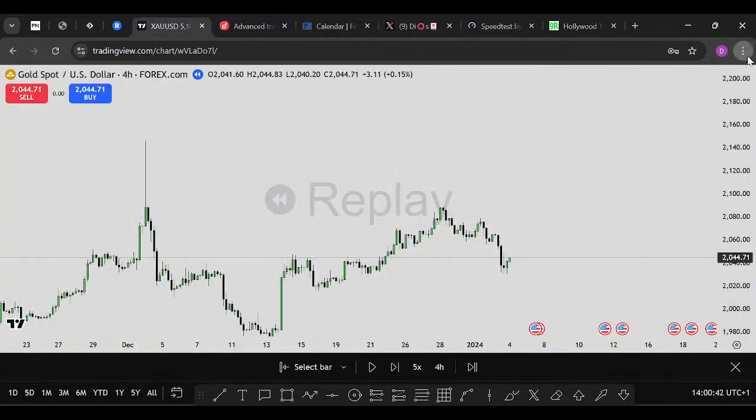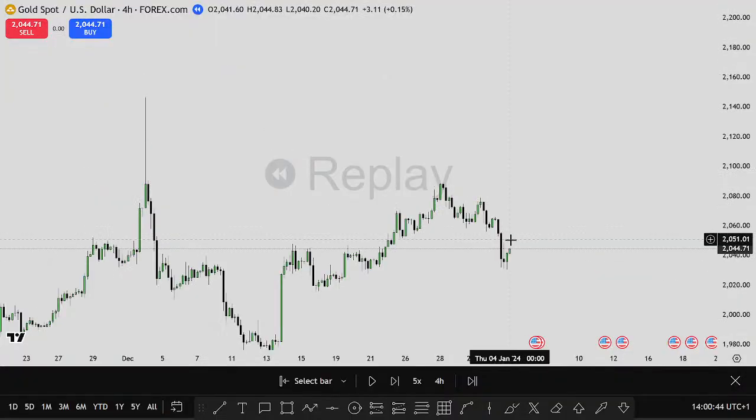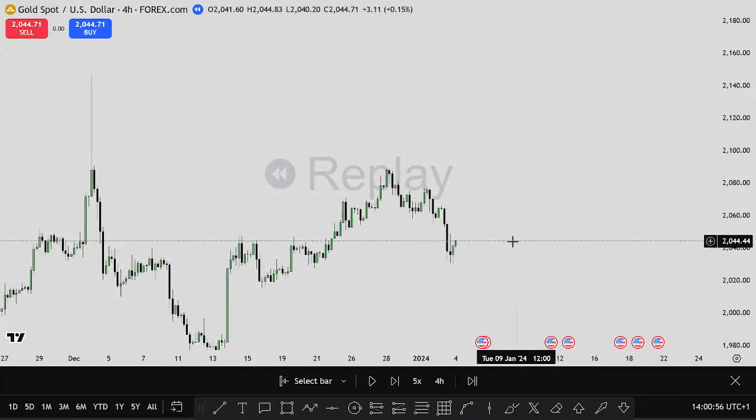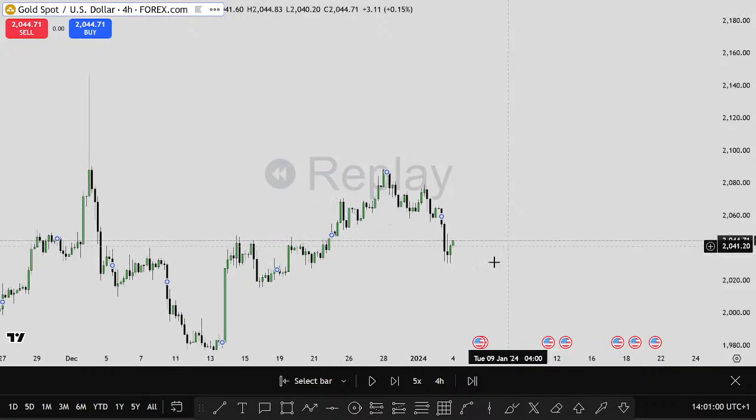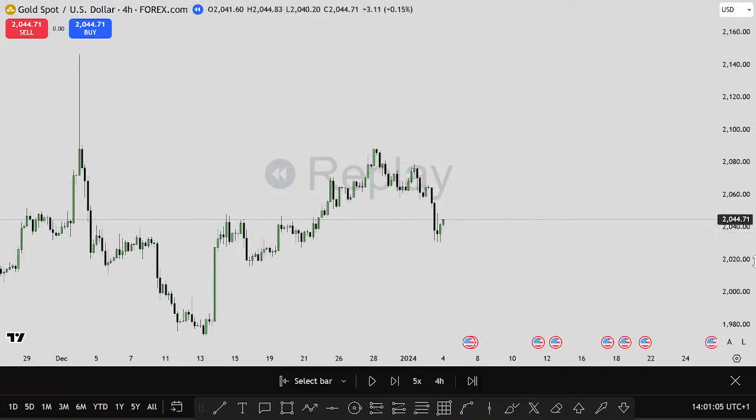So what I want to do today is simple. I've been working on structural liquidity on gold for some time now, privately, but I want to see how far I've been able to come with that, given that gold is a commodity. It's a precious metal, it will always go up.